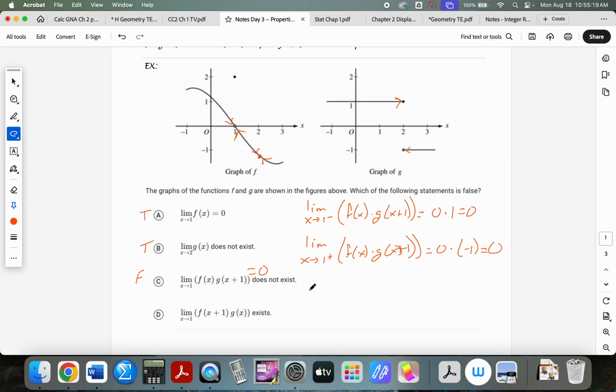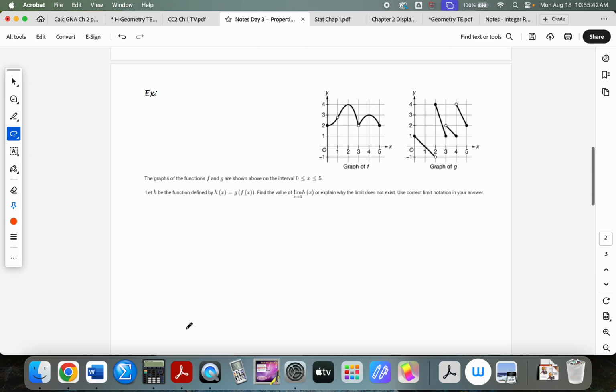And as g approaches 1, it's going to be whatever that number is times 1 from either side, right? So this does exist because both of those individual limits exist. All right, let's go on to the next example.